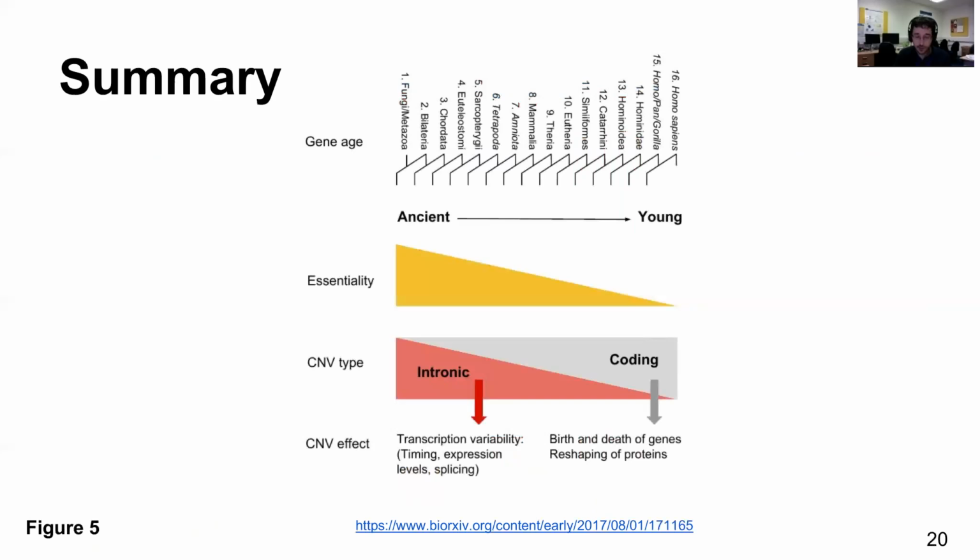The next version of the preprint will incorporate them, that suggest that it may also be affecting splicing, and that these kind of things will be happening, as I said, in evolutionary ancient genes.